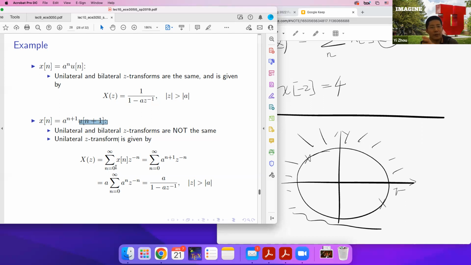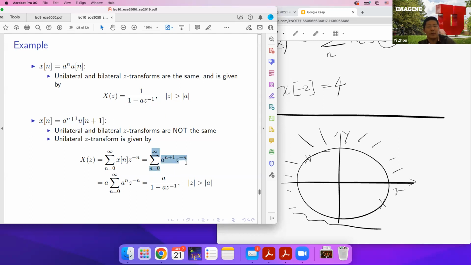Okay. Starting from 0 is stronger than starting from -1. So in that case, we can ignore this part and only care about this exponential part, because the lower limit already handles the u[n+1] part.